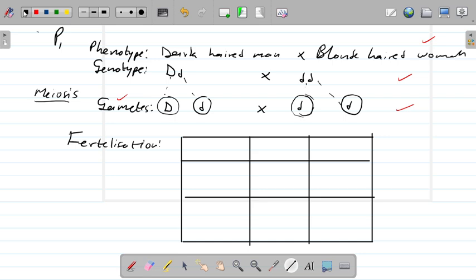The gametes are big D, small d. Let's start with small d, small d. Then big D and small d, then big D and another small d, then small d and small d again.